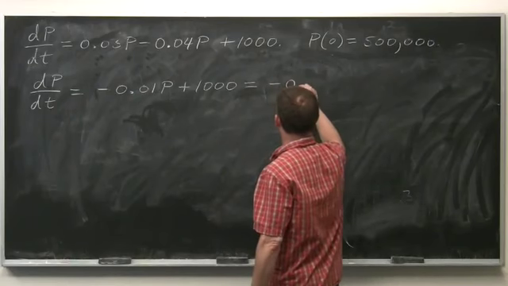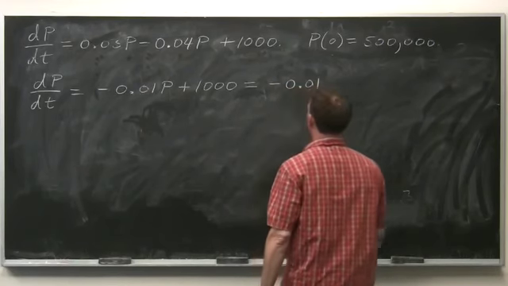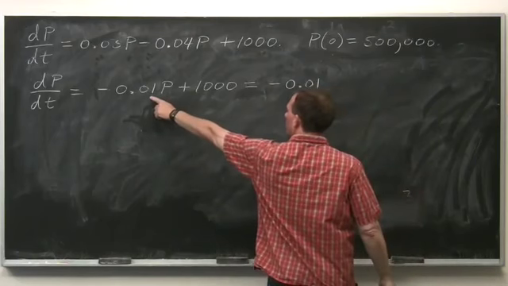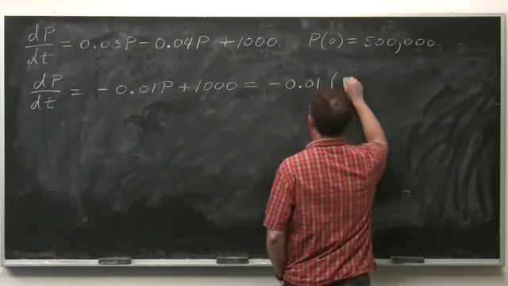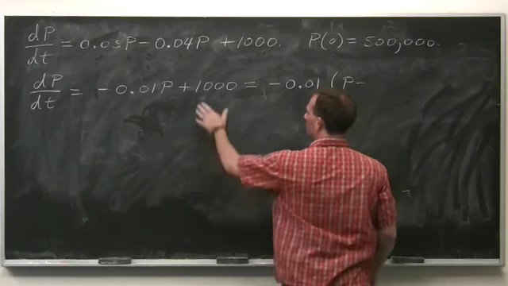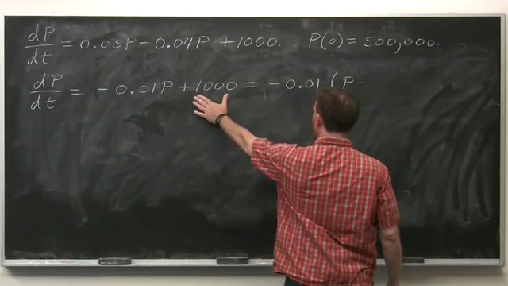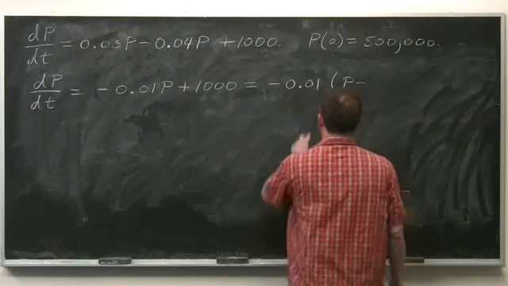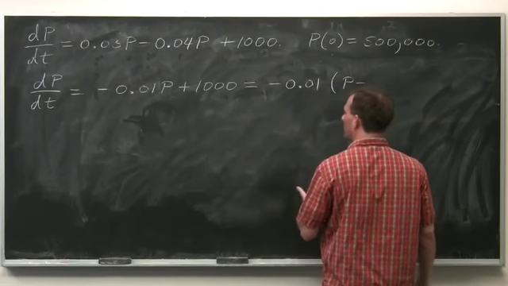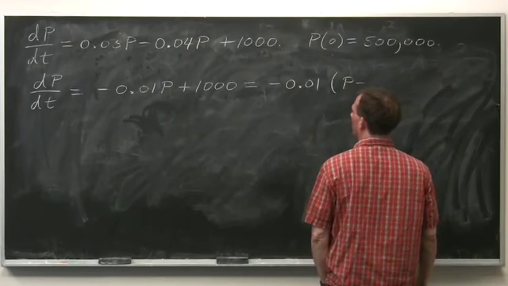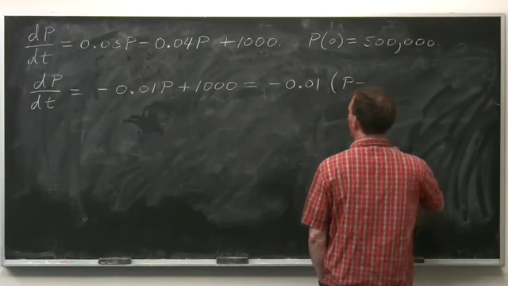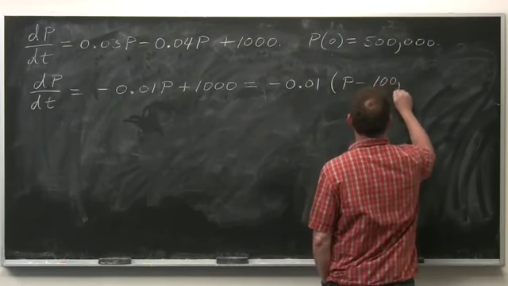We don't have to do this, but things will work out more nicely. If you factor out the negative 0.01 and write P minus, you'd have to divide by negative 0.01. Well, that's dividing by negative 100th, so you multiply by negative 100, and so we get minus 100,000.